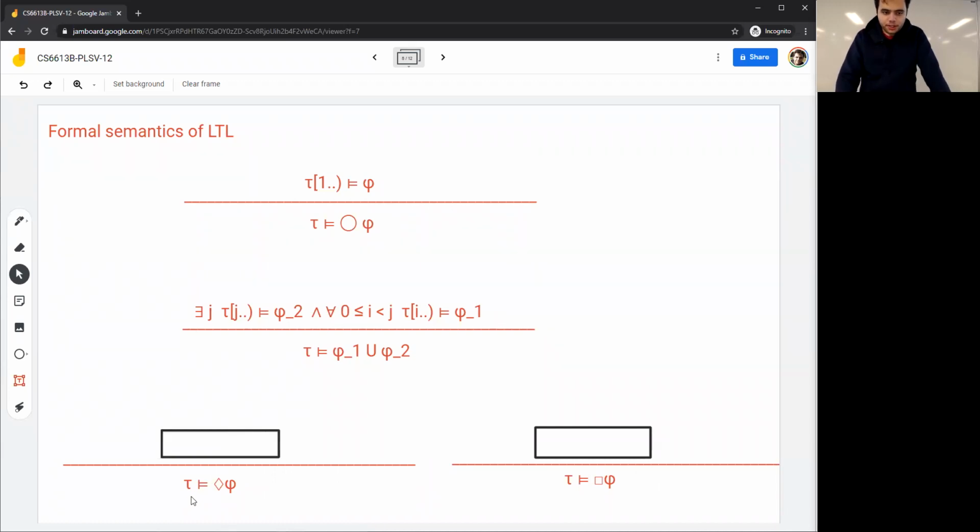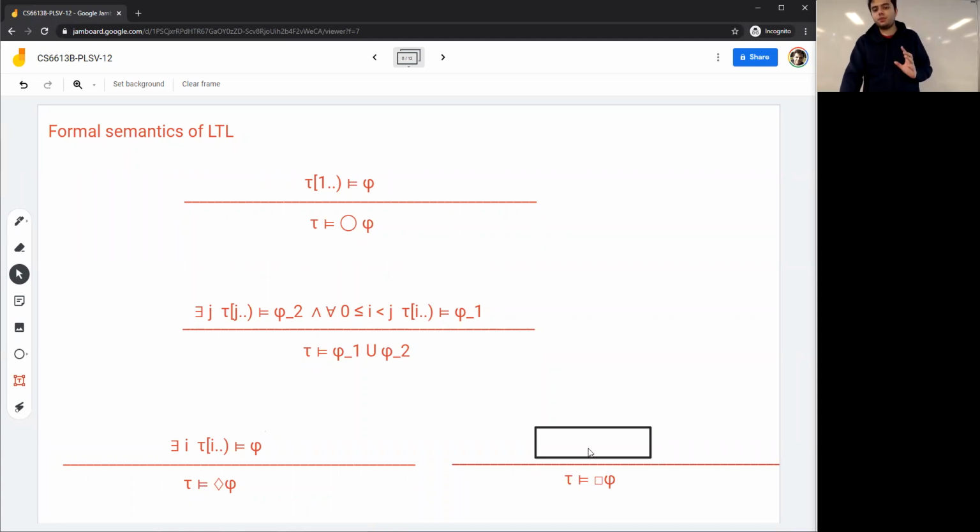So when does tau satisfy eventually phi? Well, this means that there should be some point in time such that if you take the suffix from that point onwards, it satisfies phi. So this is basically that: there exists some index i such that the suffix of tau starting from i satisfies phi. And for globally phi, we just need phi to hold at every suffix, right?